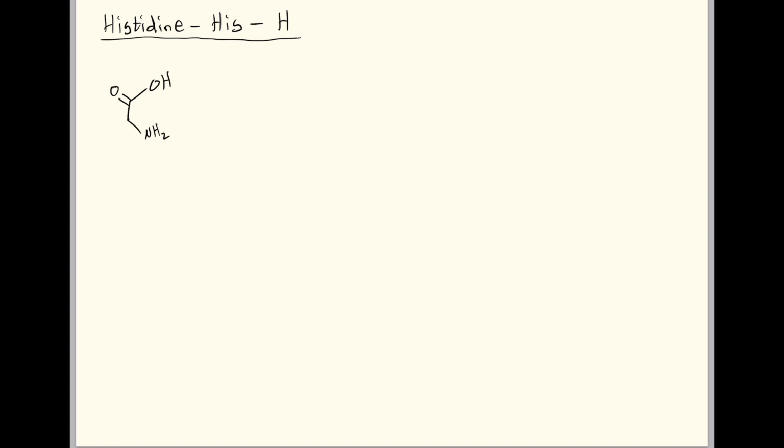Here, the way it's going to be drawn is 2 carbons, and make sure you draw your home plate. All right, so NH, like that, double bond. There we go. Okay, so that is how histidine is drawn.